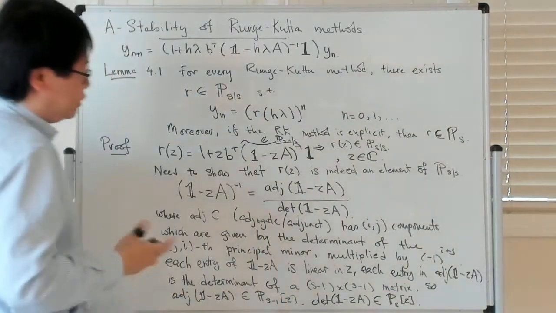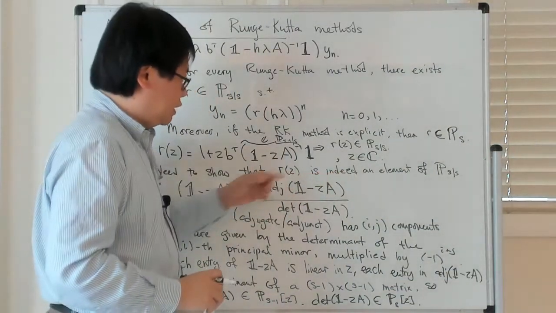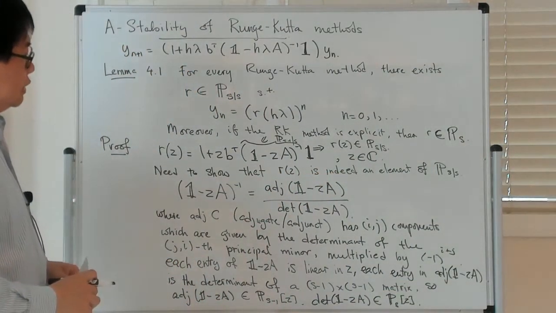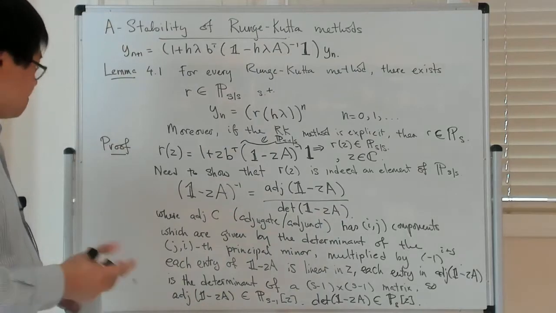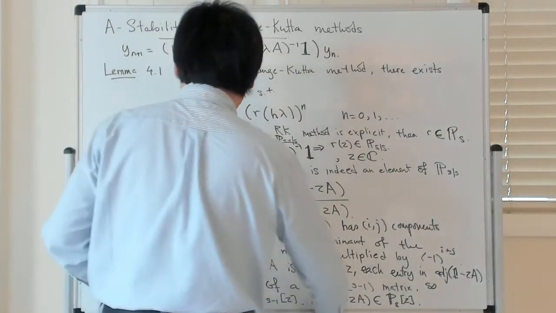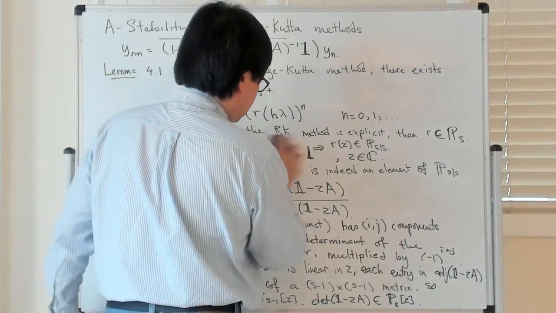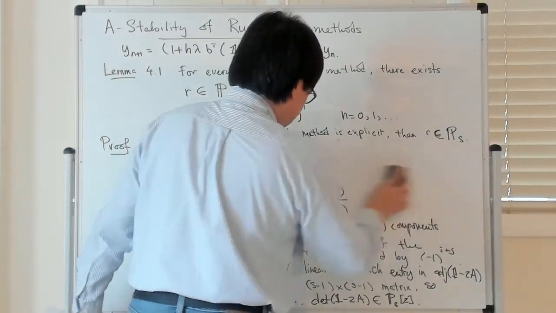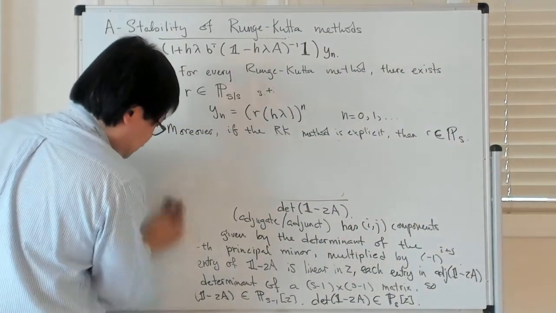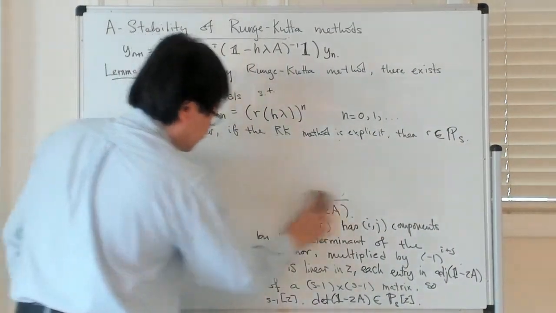All right, and then you can ask, what happens if the Runge-Kutta method is explicit? Let's see where we go with this. Let me write this all out one more time.